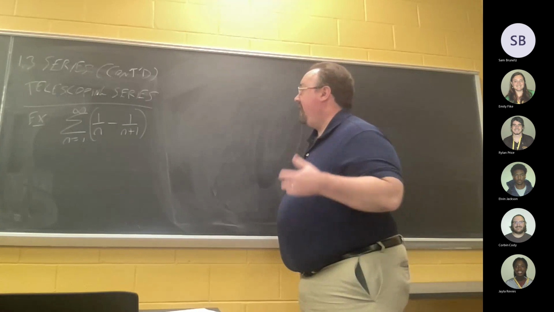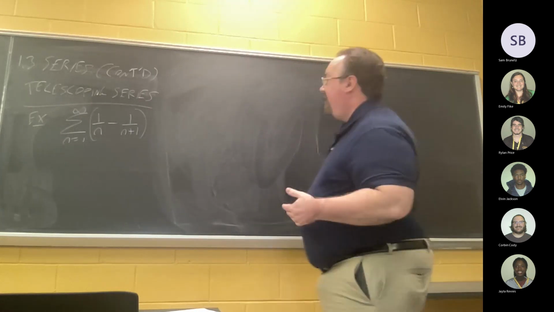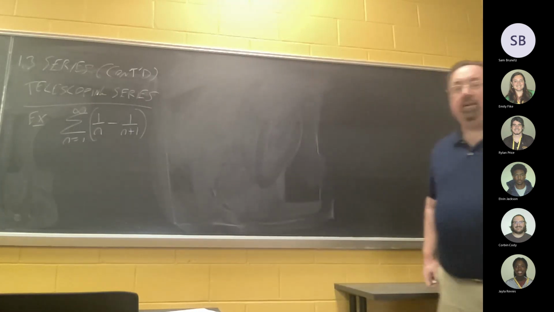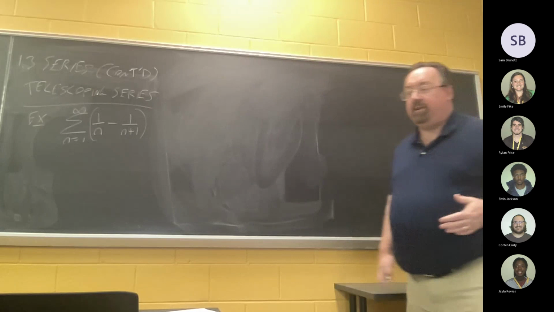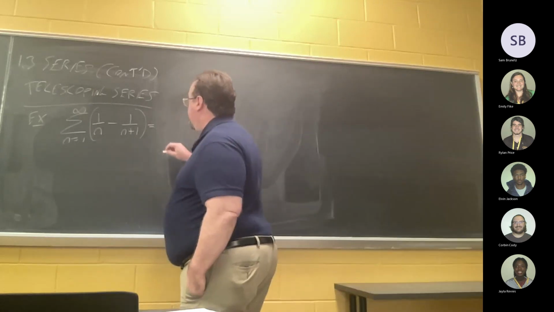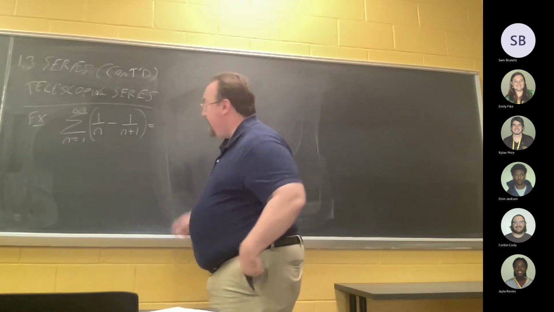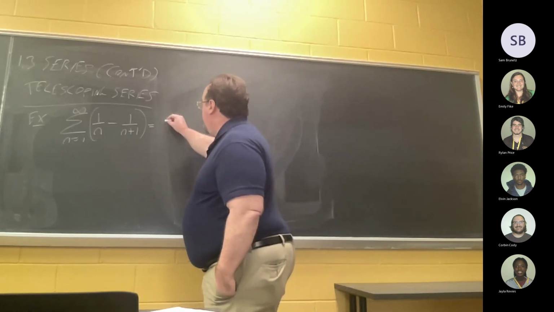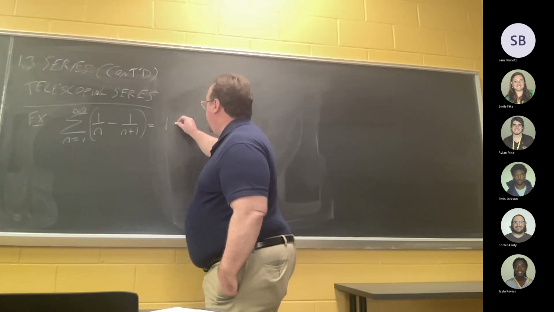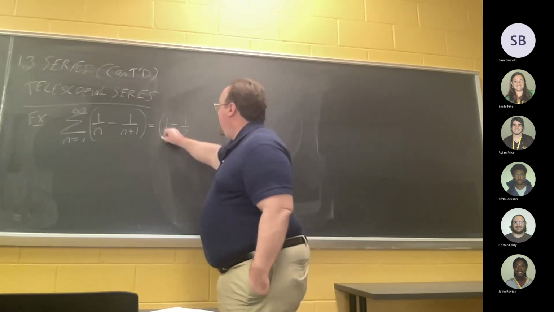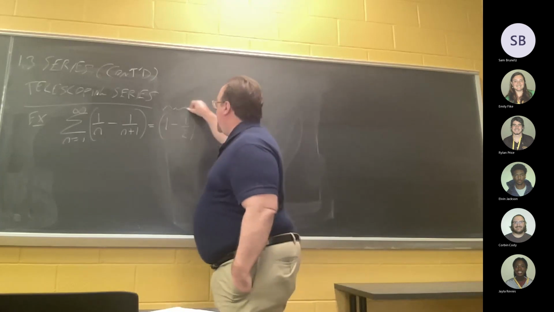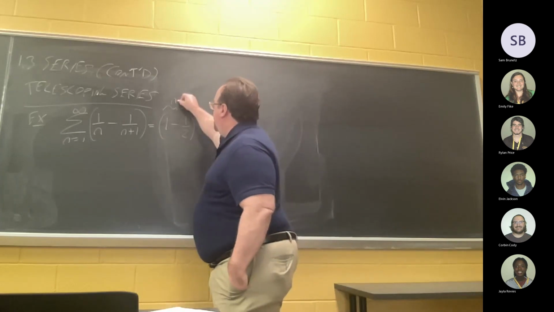Now, we get an idea as to what's going on in a series by writing out the first few terms. So if I start with n equal 1, I would get 1 minus 1 over 1 plus 1, so 1/2. I'll put that in parentheses. So this is what we get for n equal to 1.